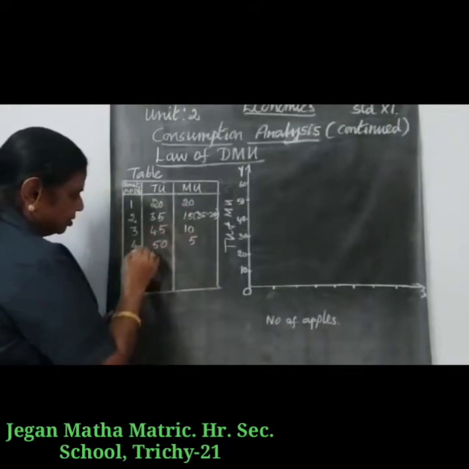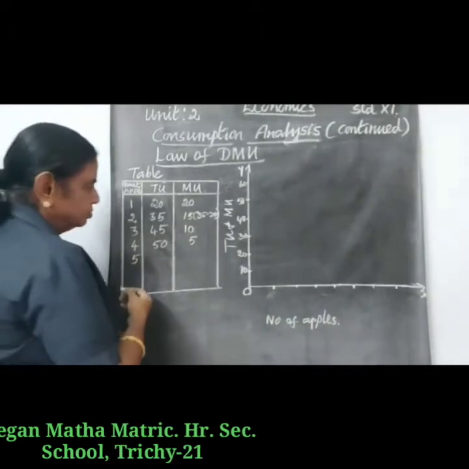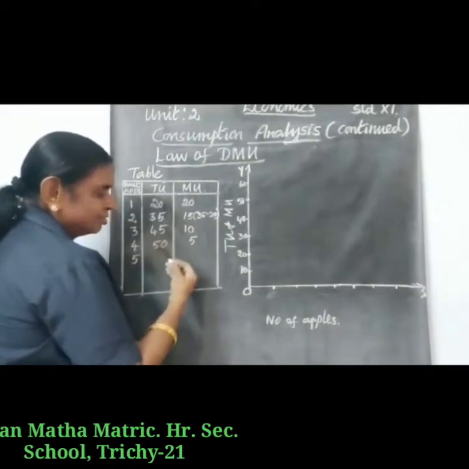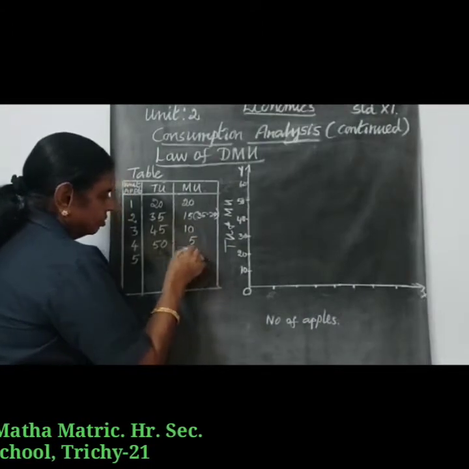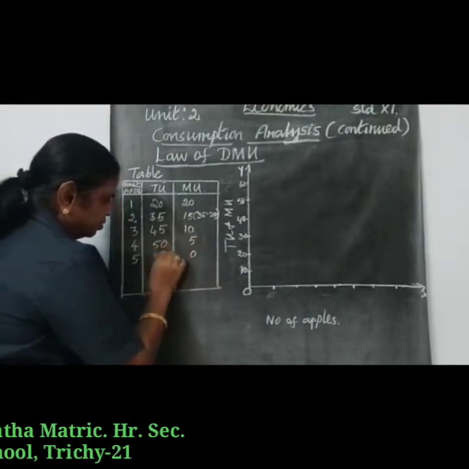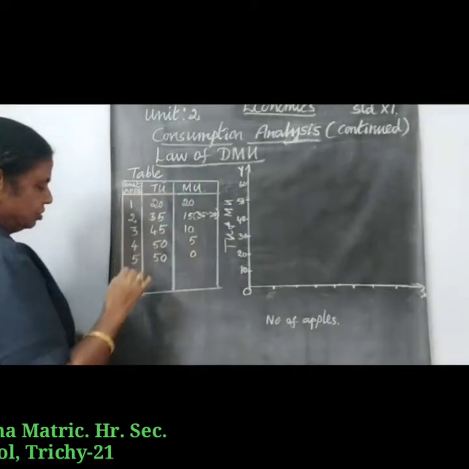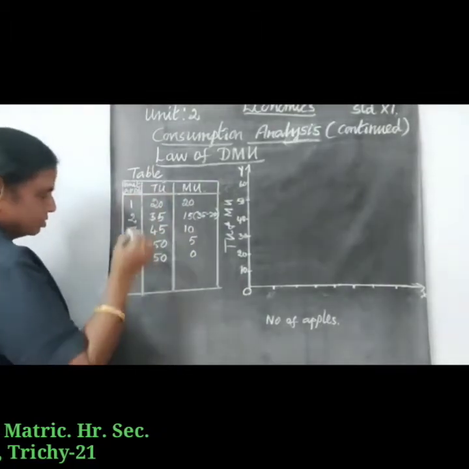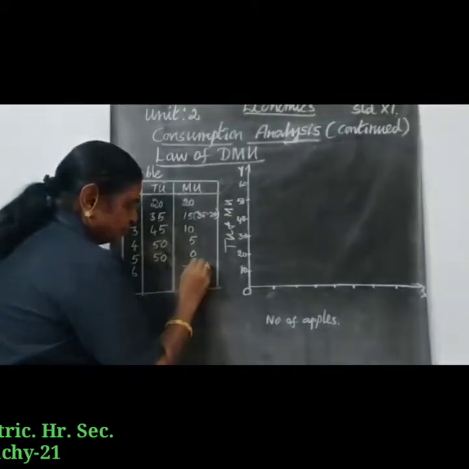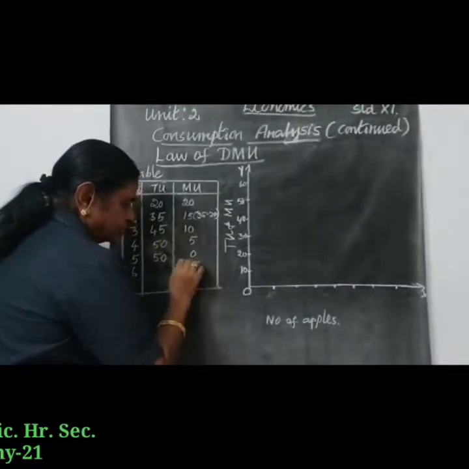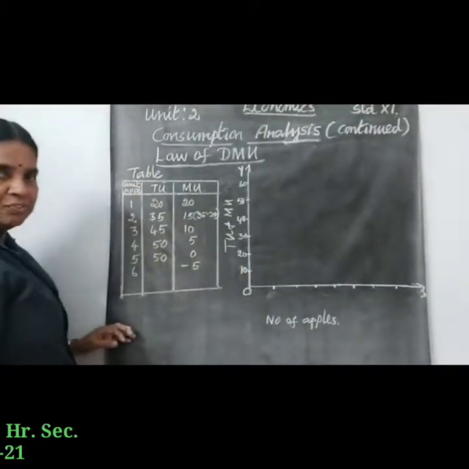When the consumer consumes the fifth apple, then the marginal utility goes to 0. And so 0 plus 50, it remains 50 as the total utility. And when the consumer consumes the sixth apple, then marginal utility goes beyond 0, to negative 5.